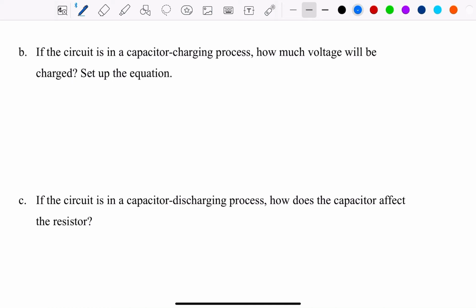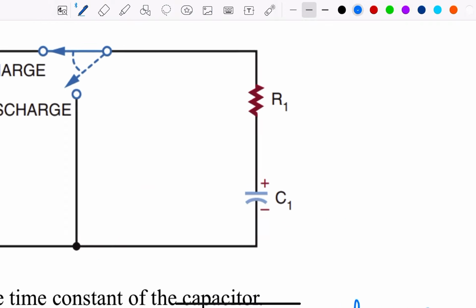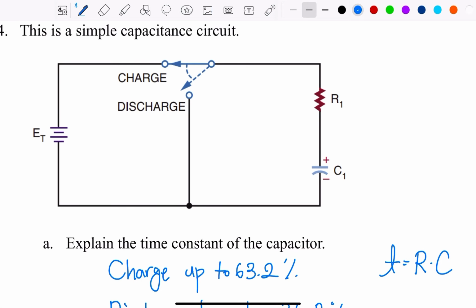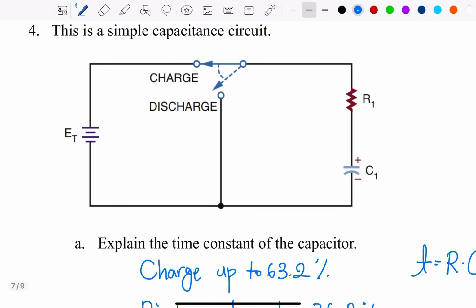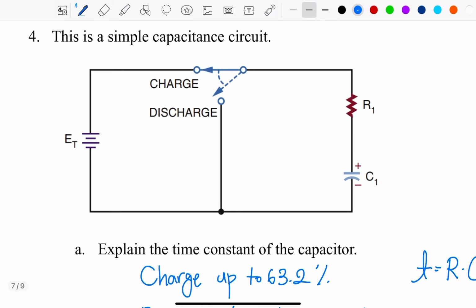If the circuit is in a capacitor charging process, how much voltage will be charged? Set up the equation. There are no numbers in this circuit. Also, you can think that E(t) is equal to V(t).